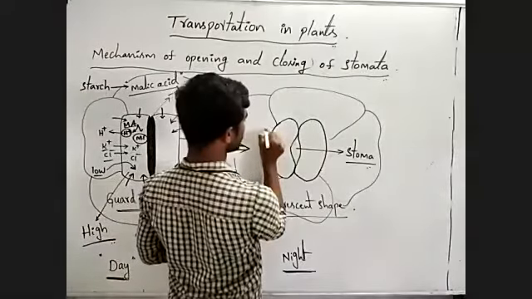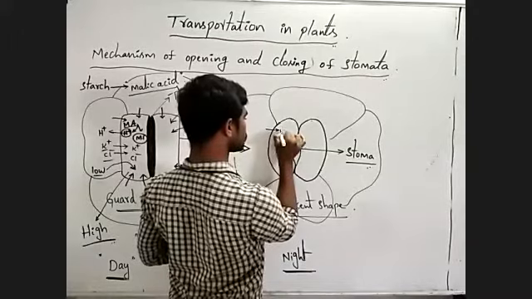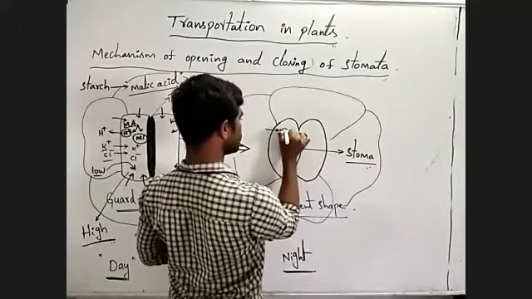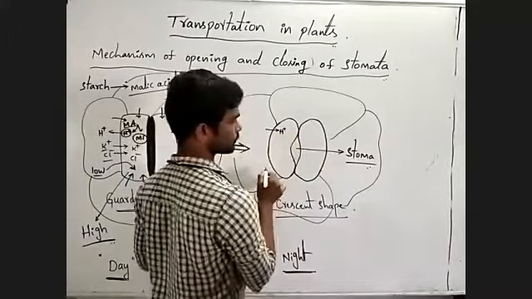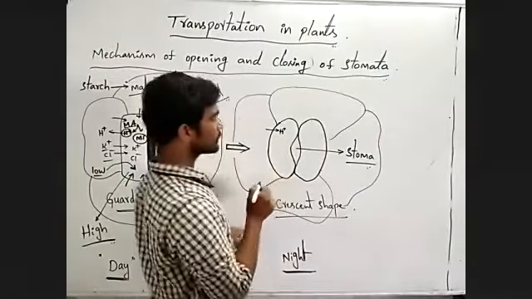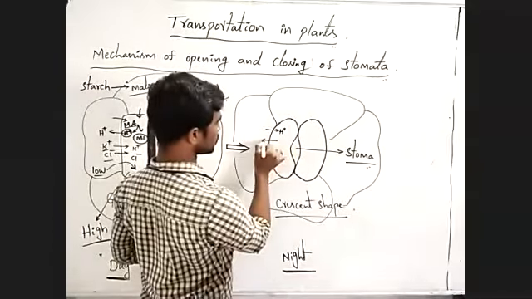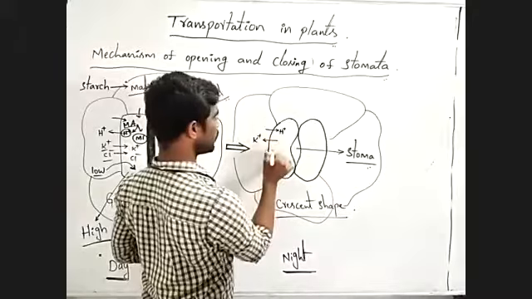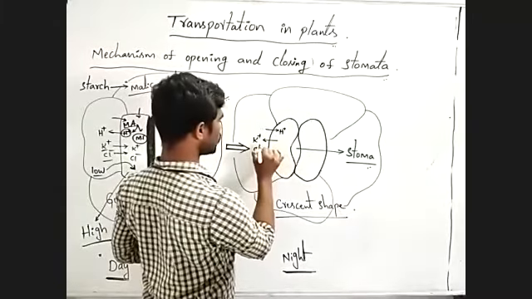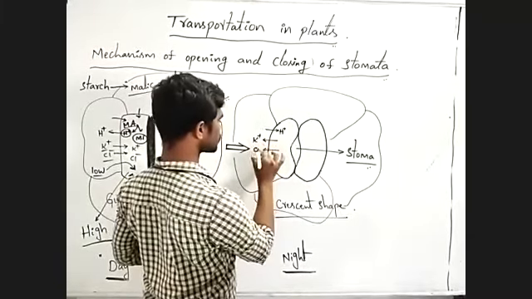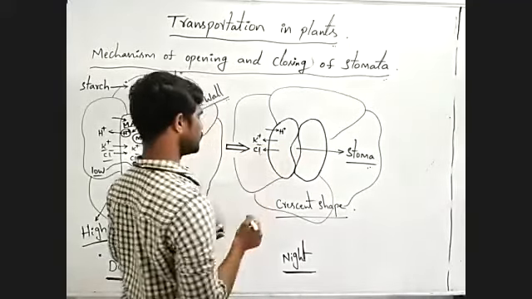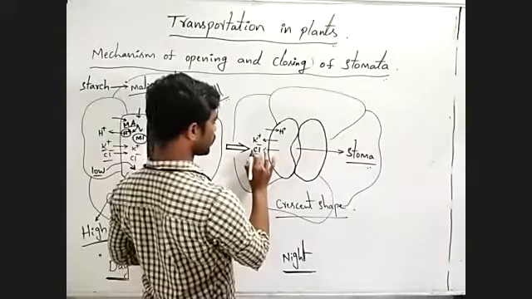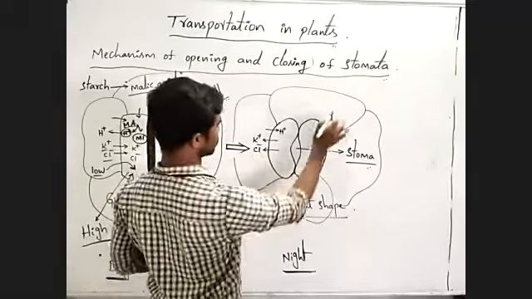H plus ions are transported into the guard cells. In such conditions, potassium ions and chloride ions are transported out of the guard cells into the subsidiary cells.